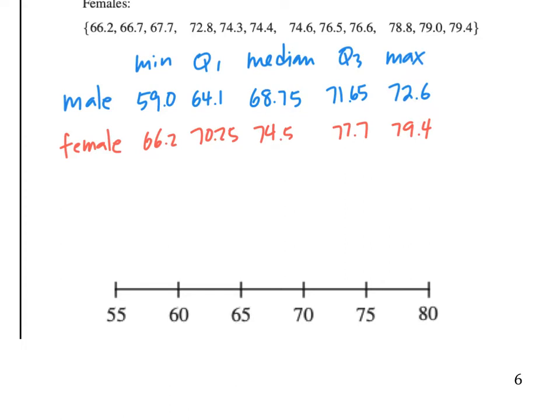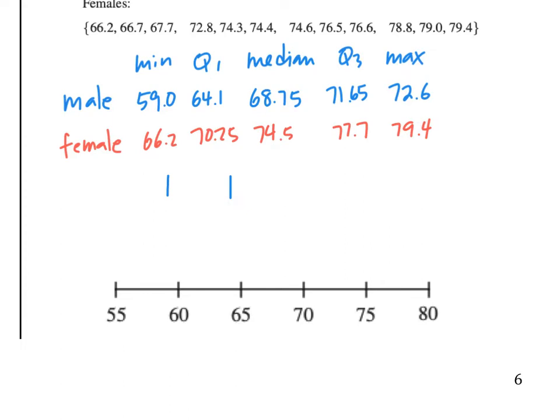What you want to do is just put the 5-number summary as tick marks on this chart. The smallest number I have is 59, so a little bit less than 60. 64.1 is next. I know it's not super accurate, but we're doing our best.